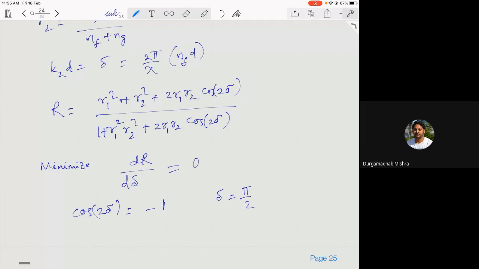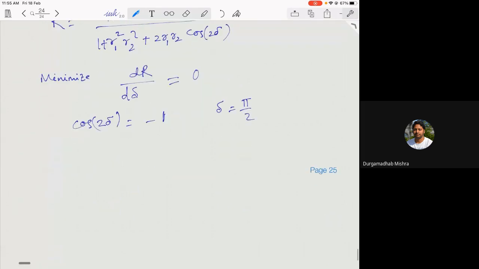And what does delta pi by 2 mean? Very generically, you can write 2 delta to be (2n plus 1) pi, where n is equal to 0, 1, 2, and so on.